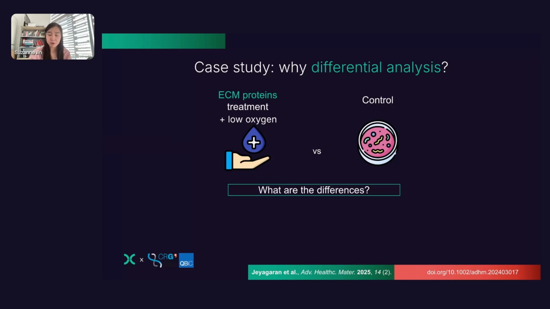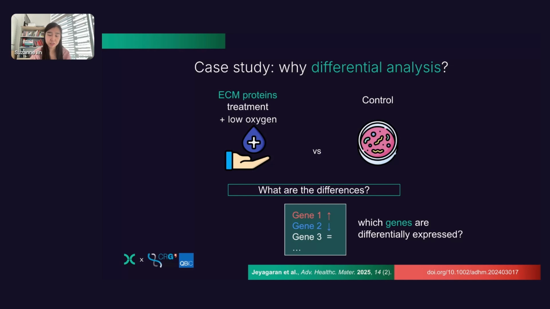Given gene expression data, what differential analysis tries to find out is which genes have expression levels that are changing across the different conditions in significant ways.